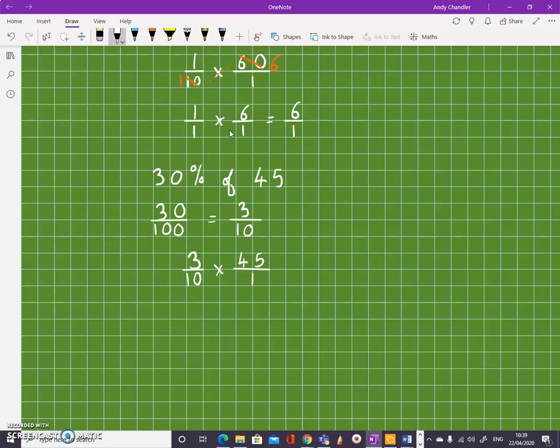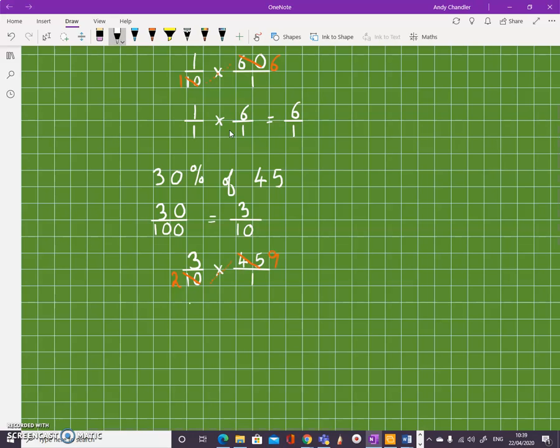Whole number is always over 1. Check to see if you can simplify diagonally. I can only simplify diagonally this way because 10 and 45 are both in the 5 times table. 10 is in the 5 times table twice. 45 divided by 5 is 9.